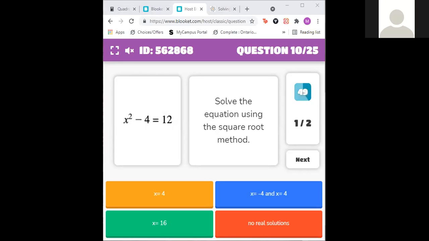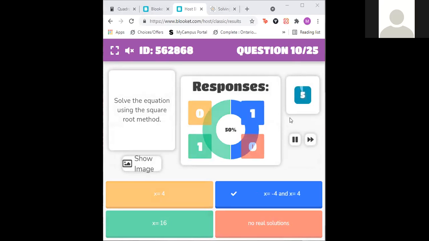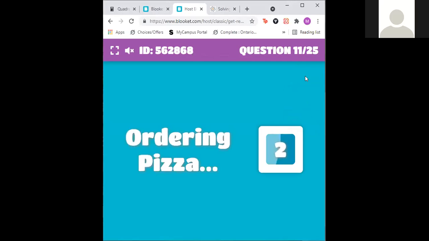So bring the -4 over. What you do is you have to bring the -4 over, and then it becomes +4, so 12 plus 4, 16. You take the square root of 16, and that's plus or minus 4.